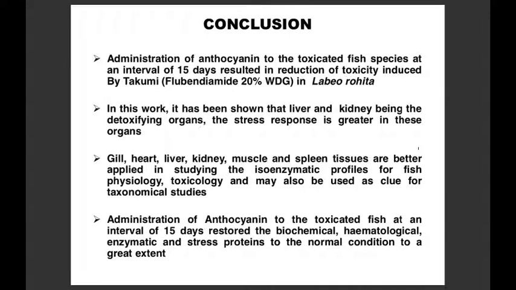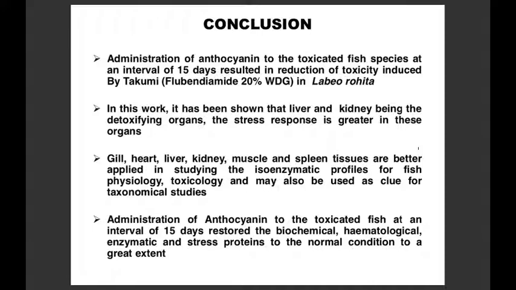If we go for any further extended programs on the administration of anthocyanin for much longer periods, we expect the toxicity level to go further down, very near to the control fish.